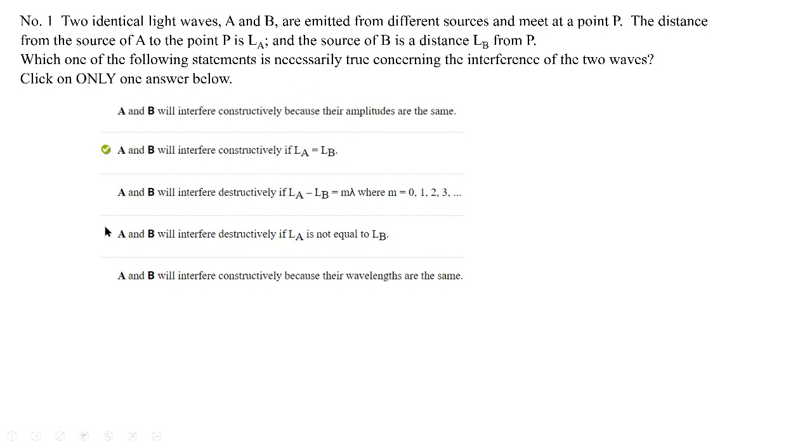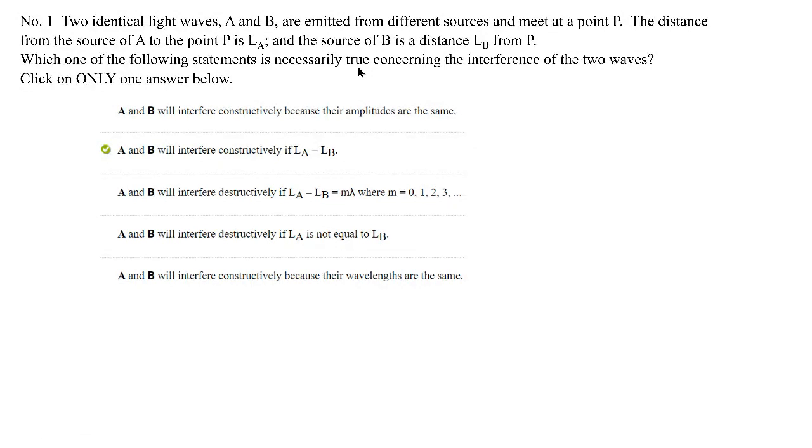Now, this question has a list of statements. And when you deal with these kind of choice questions, you have to read all the statements in the context of the problem and then decide which statement is necessarily true.